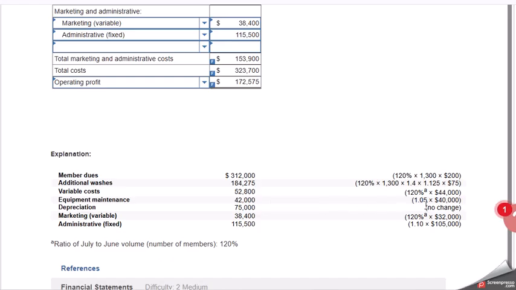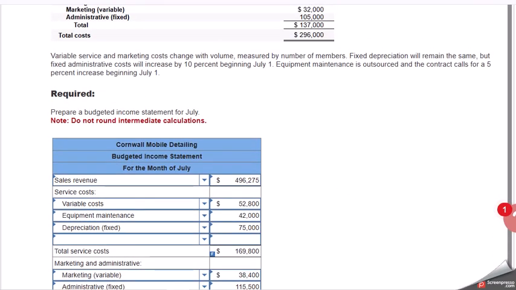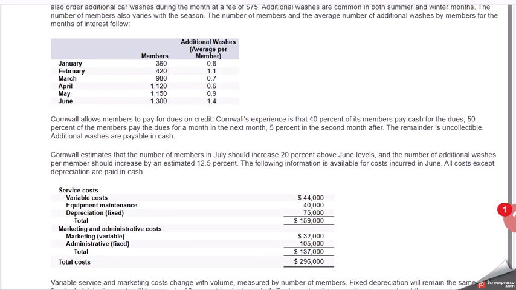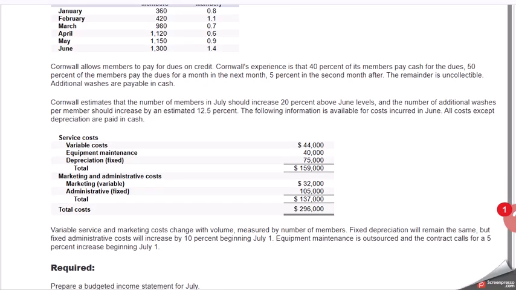Equipment maintenance is going up 5%. No change in depreciation. The marketing is going to be, again, what did it tell us there? I think it's a similar thing in that it's going to increase with your number of members. Yeah, so variable service and marketing change based on the number of members.